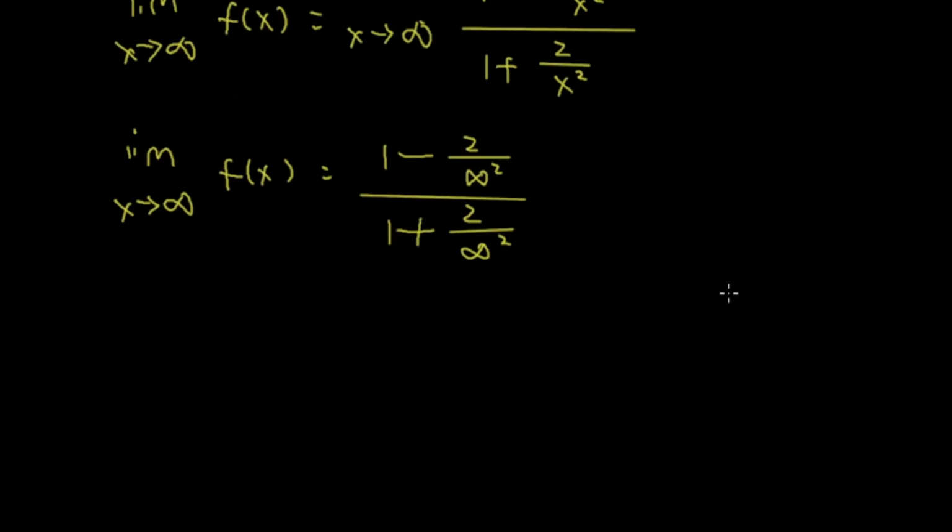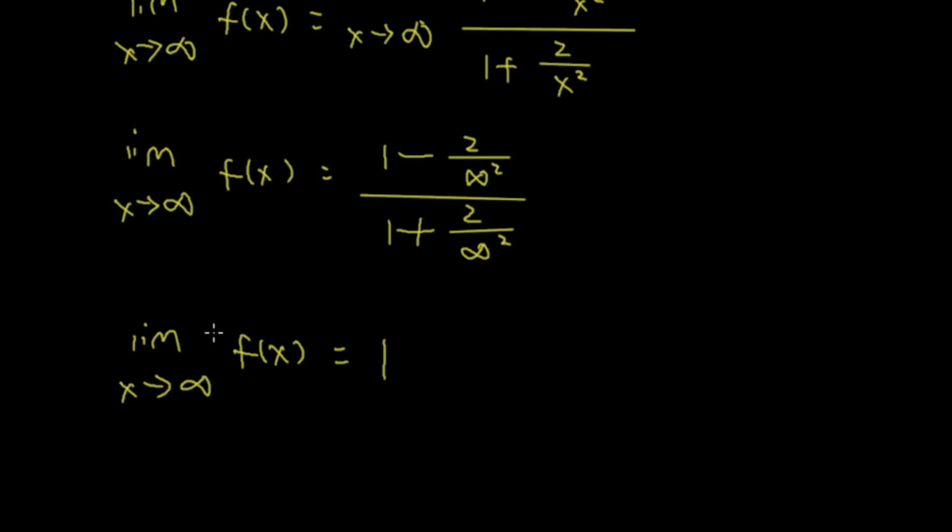Now notice that infinity squared is a very, very large number. 2 over a very, very large number is close to 0. So we have 1 minus 0 here, and this will be 1 plus 0. So the limit as x approaches positive infinity of f(x) equals 1 over 1, and 1 over 1 is 1.